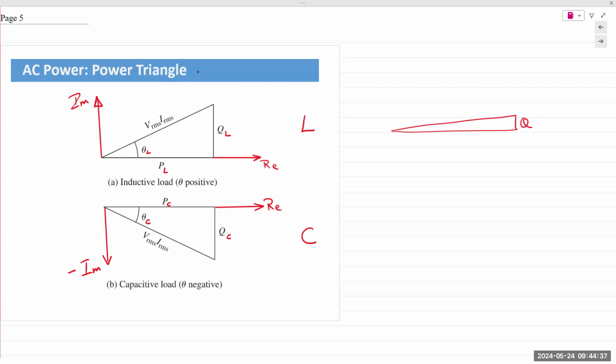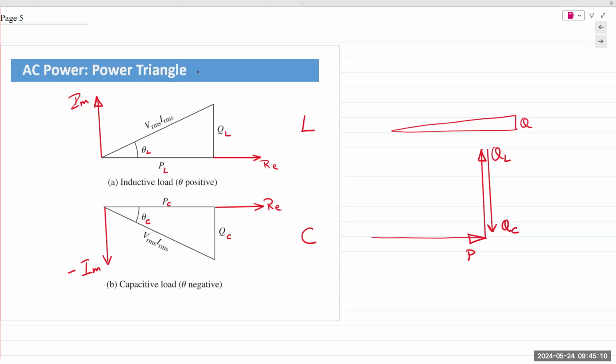Okay, so this is where it's very important. Let's say this is your required QL, and this is your P. If you place a capacitor that can supply 90% of this Q, then from that point, it comes all the way down here, QC.